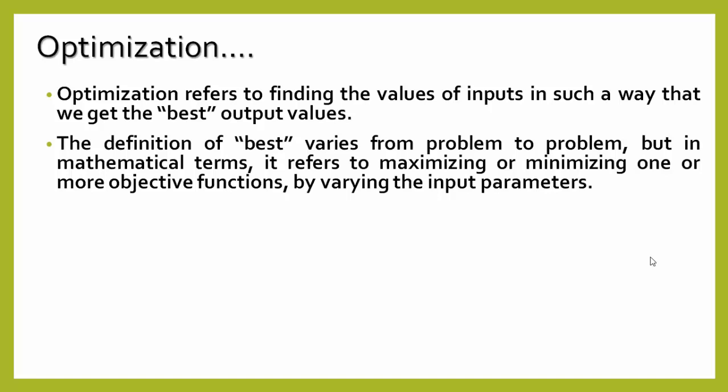But here, the best output value means we are getting a better output result as per the input data. In mathematical terms, it refers to maximizing or minimizing one or more objective functions by varying the input parameters.